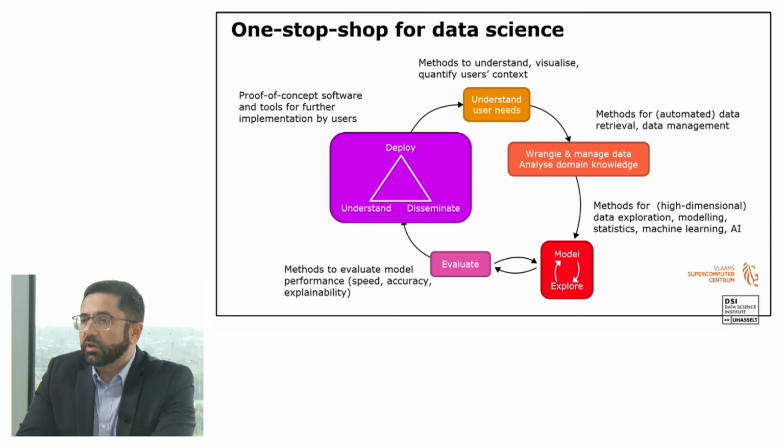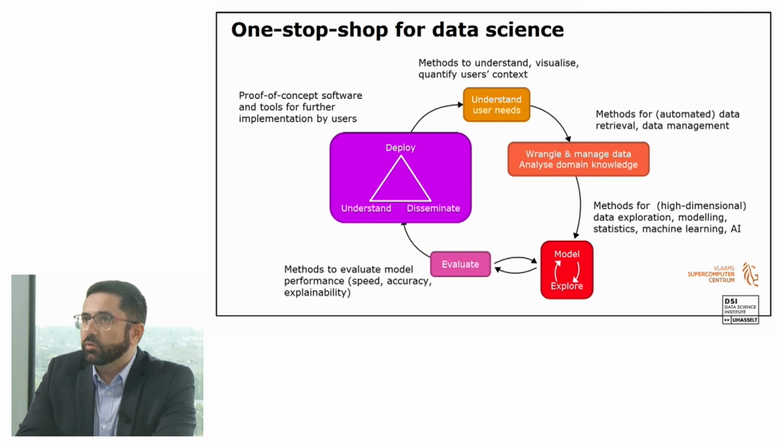Data Science Institute aims to act as a central point of contact for data science, leveraging the different synergies between data science domains. In other words, we aim to be a one-stop shop for data science. For this reason, we focus on the whole data science cycle.